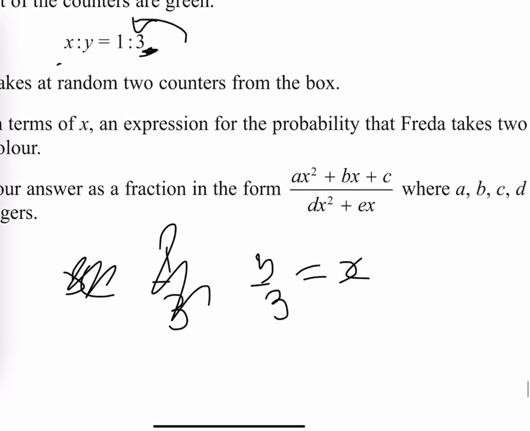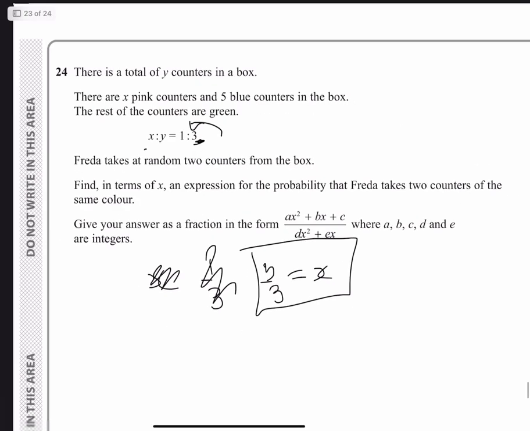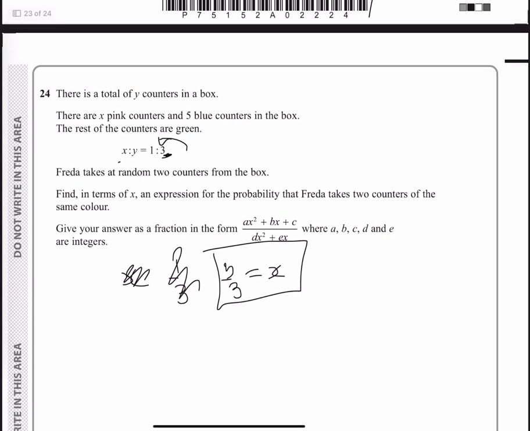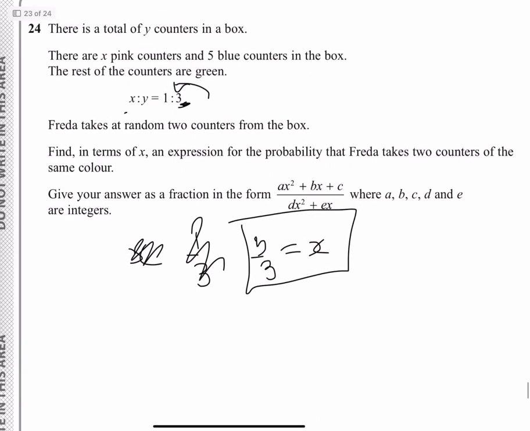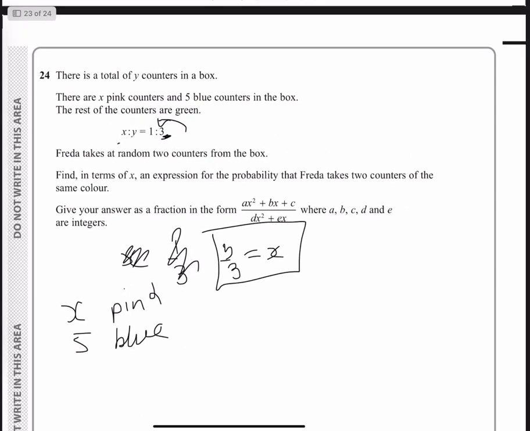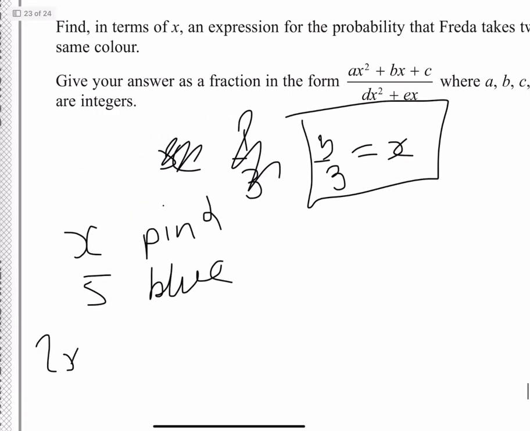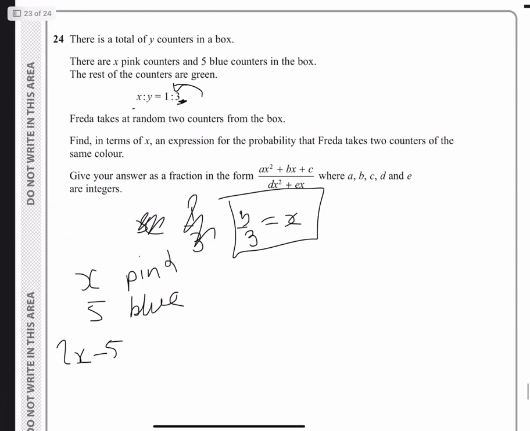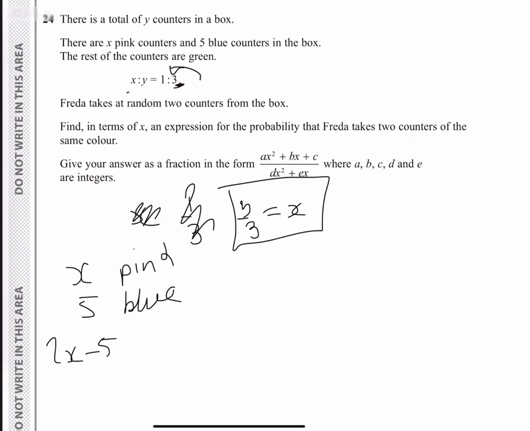This is an important thing, so we're going to box it off so we remember it. So we have x are pink, 5 are blue, and 2x minus 5 are green. Is it green? Yeah. Because that adds up to 3x, which is what we're after.